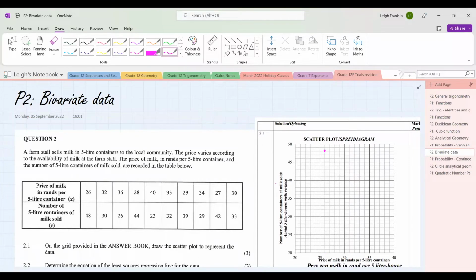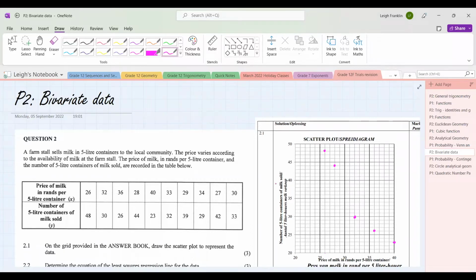Then 32 and 30 is going to be over here, that point there. 36 and 26, it's this point over here. 28 and 44, that point there. 40 and 23 would be that one over there.